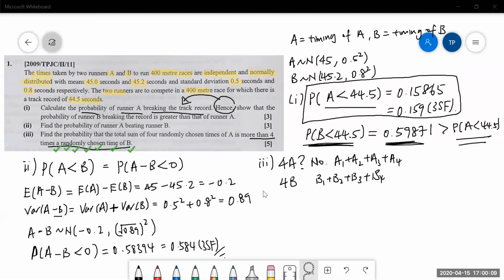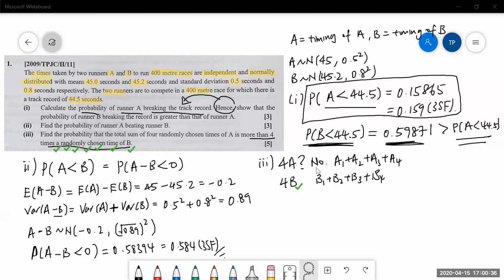Because it has to be more than that of B, what? No, I'm asking you more than 4 times a randomly chosen time of B. How do I express 4 times a randomly chosen time of B? You understand what I'm trying to say? 4 times, so which expression? B1 plus B2 plus B3 plus B4.